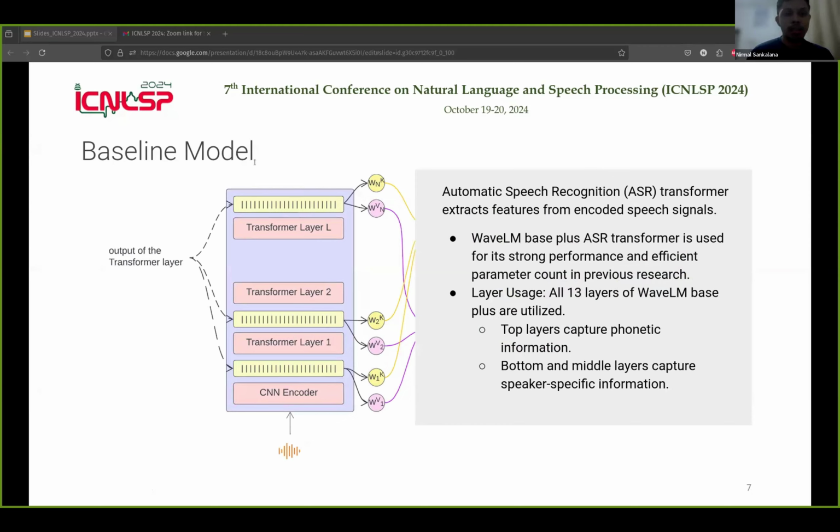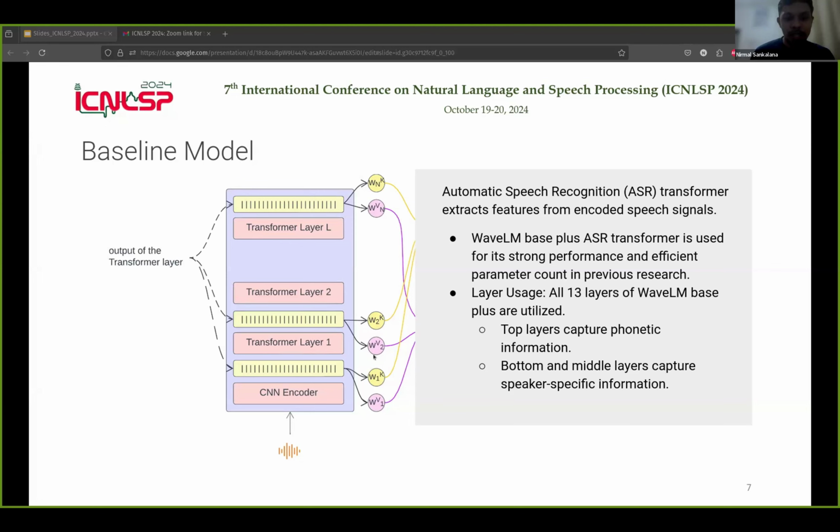We have chosen WavLM Base Plus because of its superior performance with a small size. In terms of layer usage, we are employing all 13 layers of this WavLM Base Plus model, as proposed by Junyi Peng.